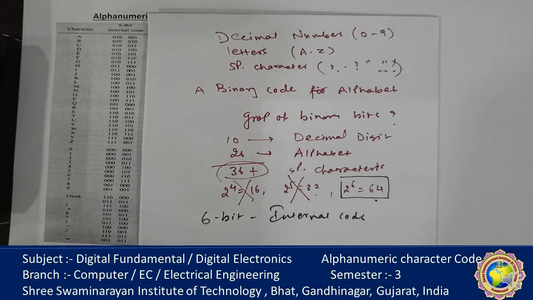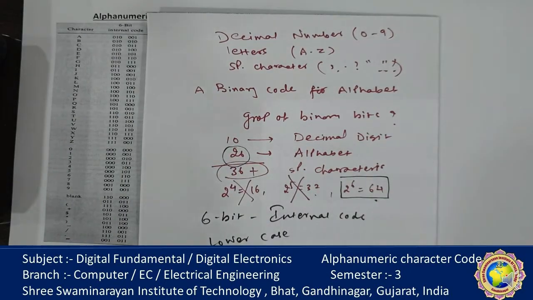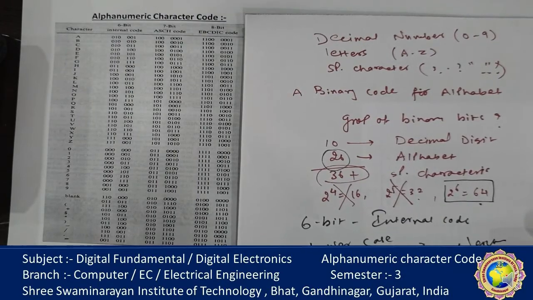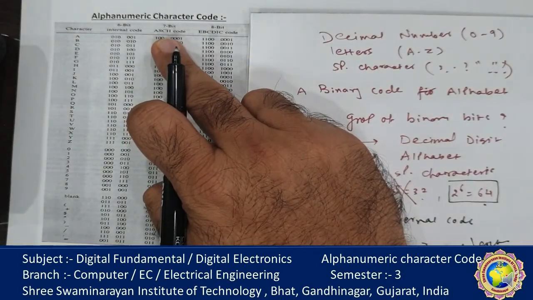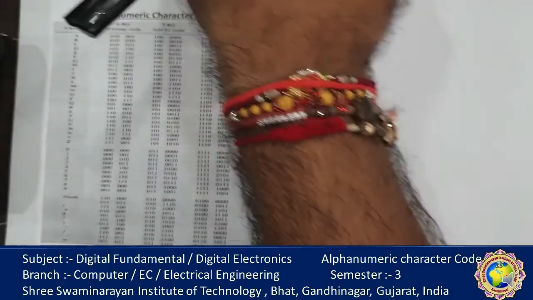But we need to represent more than 64 characters, because we need lowercase, so the 26 letters are included again, and some special control signals are there for transmission of digital information. So we increase this from 6 to 7 bits or 8-bit code, which is normally used. These two are popular codes. ASCII is known as the American Standard Code for Information Interchange.